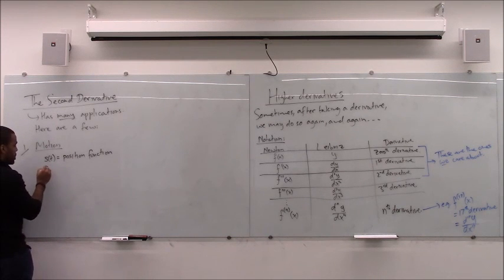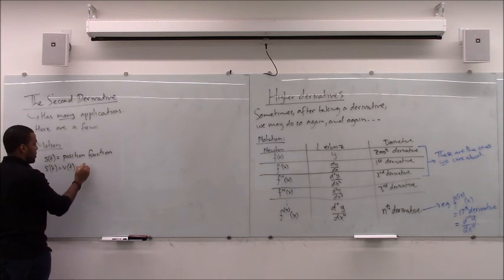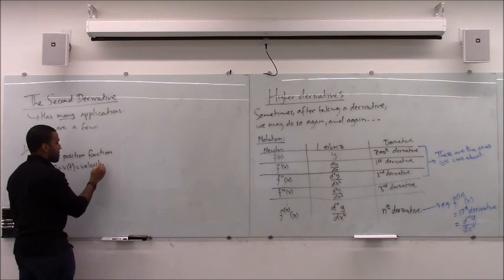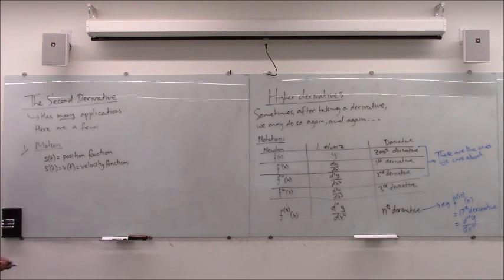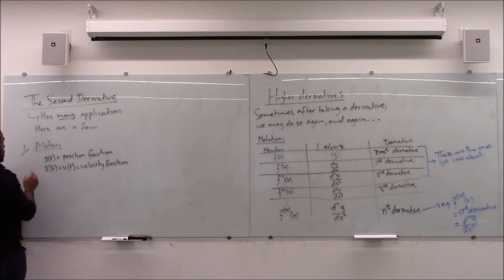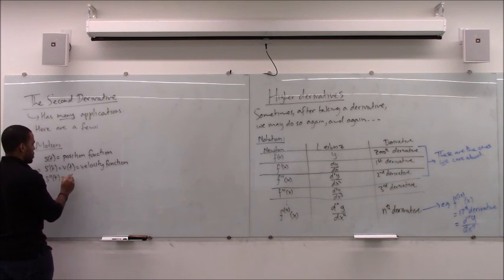If you are to differentiate the position function, you obtain what's called a velocity function. This is the rate of change of your position, or it's kind of like speed in a particular direction. Now, it turns out that if you were to differentiate that again, in other words, find a second derivative, you obtain what's called the acceleration function.